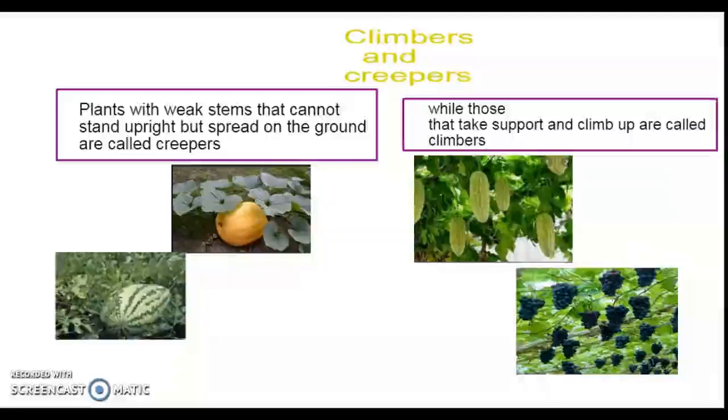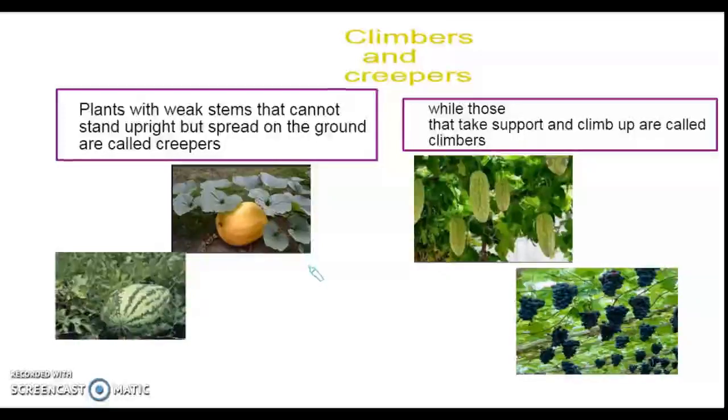Now the next are the climbers and the creepers. Till now we saw the plants that could stand on their own. They had a stem which supported them in standing erect. But there are some plants which are unable to do so, which cannot stand on their own.